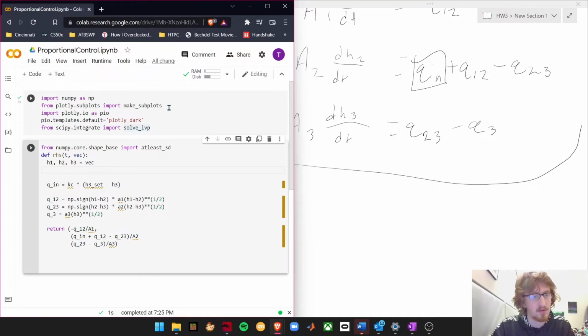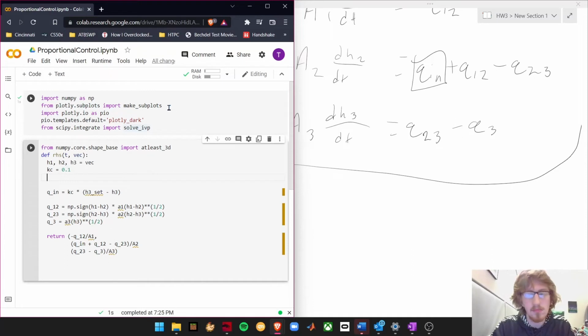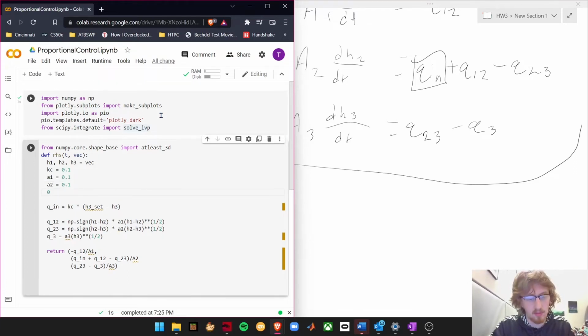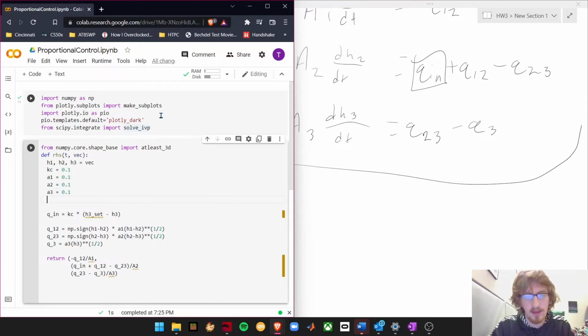So we have Kc is going to be 0.1. Our alpha 1 is going to be 0.1, so our alpha 2 and our alpha 3. And then our cross-sectional areas are again going to be 0.5.